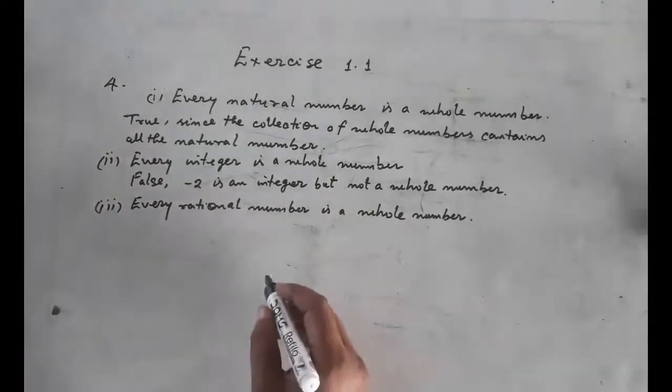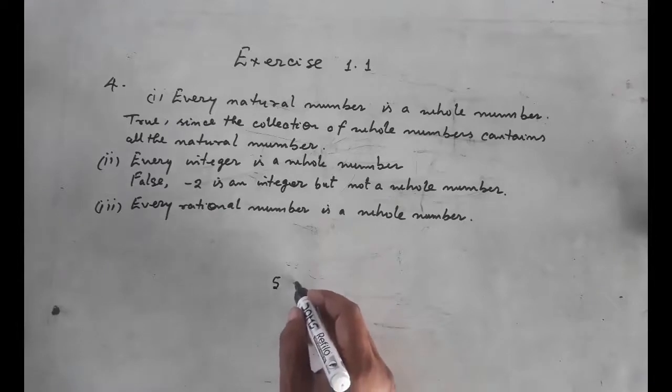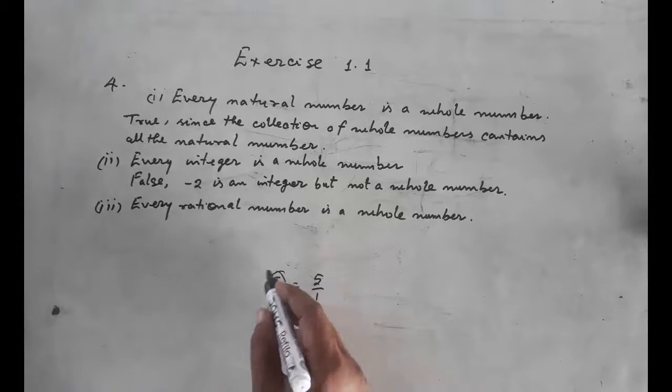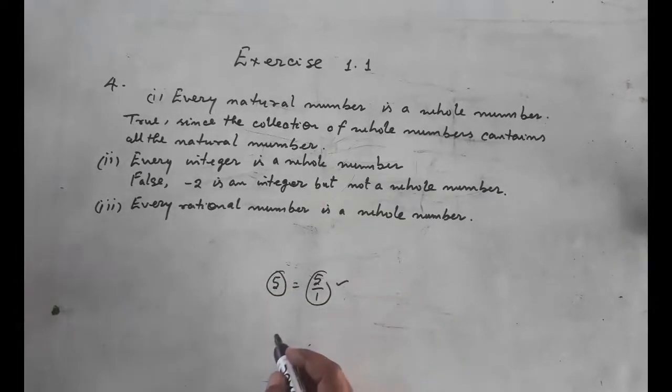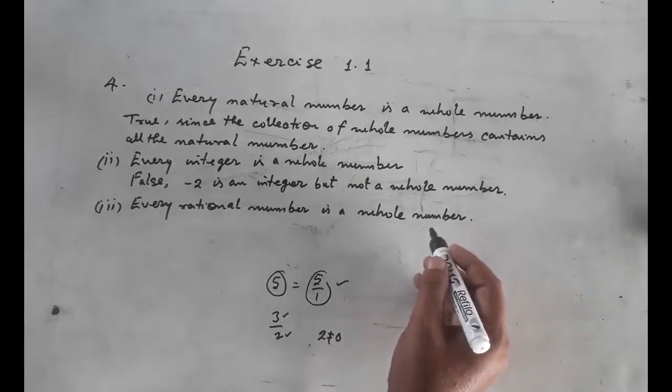Such as we take 5. 5 is a rational number. This can be written as 5 by 1. It is a whole number, and it is also a rational number. But 3 by 2 is a rational number because 3 and 2 are integers and 2 is not equal to 0. 3 by 2 is a rational number, but it is not a whole number.